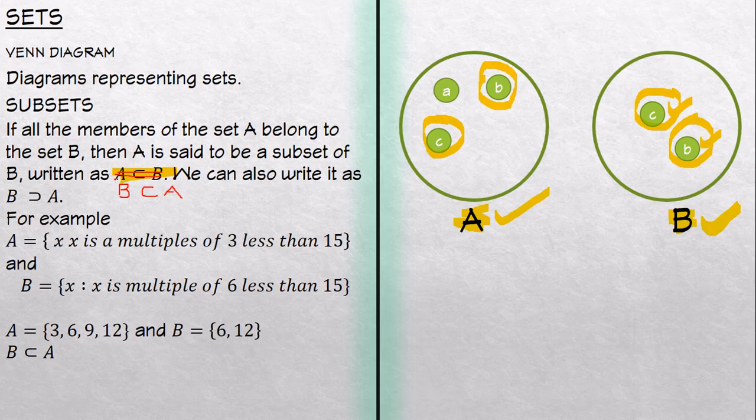Let me cancel this one out. Then this also will be A, then B. So we can cancel those out and cancel this one too.